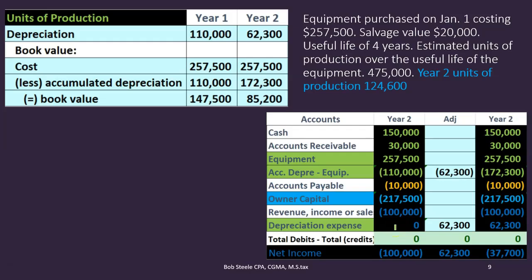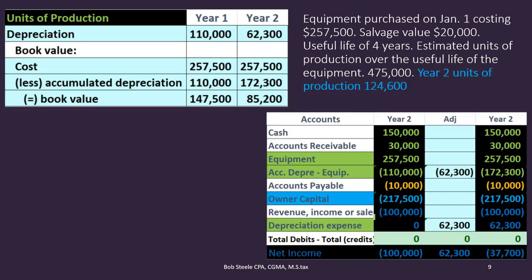Because that depreciation expense was carried into or closed out to the equity section, in this case the capital account. So note that the accumulated depreciation is a permanent account. It still has the 110 in it that we put in there in year 1. The depreciation expense does not still have the 110 in it because it is a temporary account which then closed out to the capital. We still do have the 100,000 in revenue, but it's not the same 100,000.